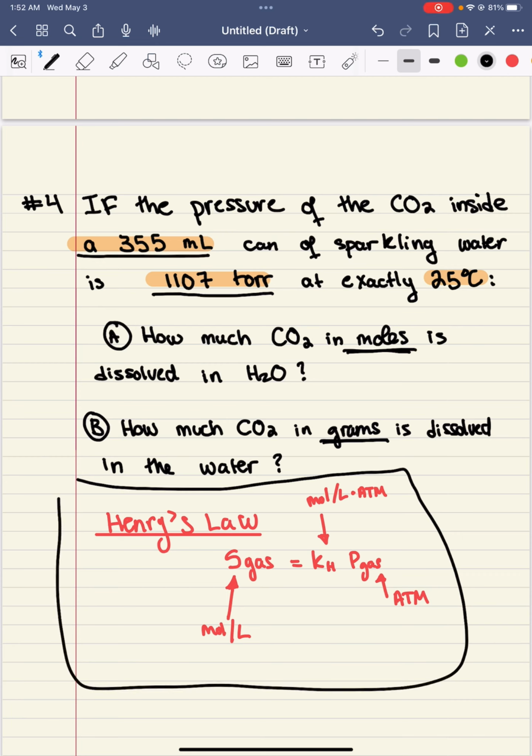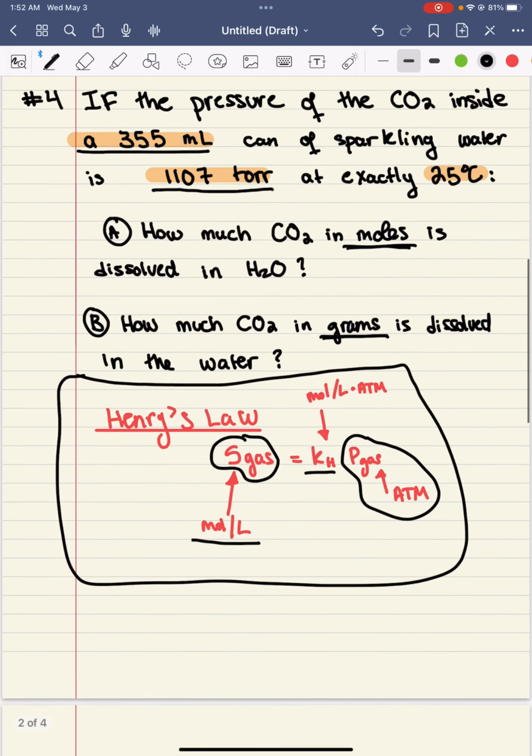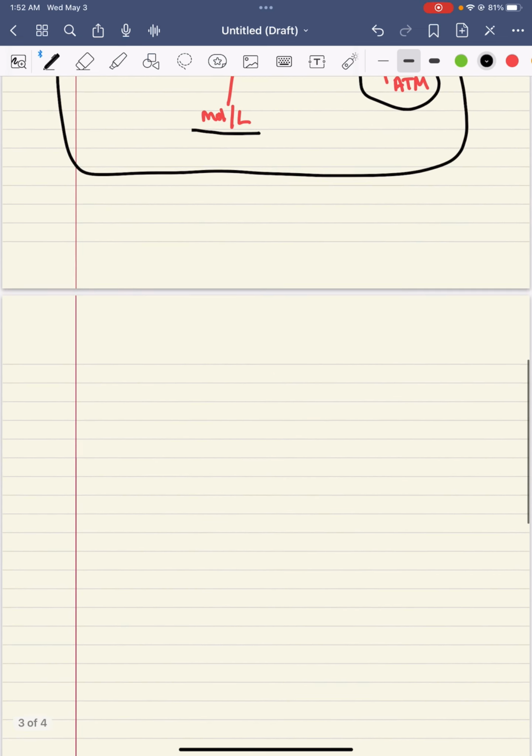And Henry's law basically gives us the solubility of the gas, which is in moles per liter, and you find that by multiplying the Henry's law constant times the partial pressure of the gas. You find the Henry's law constant either in your book or on the packet.